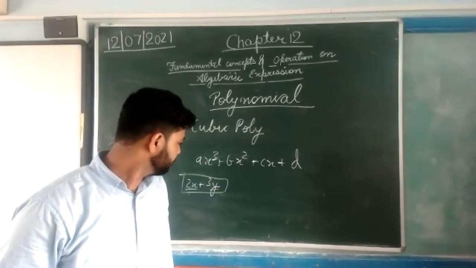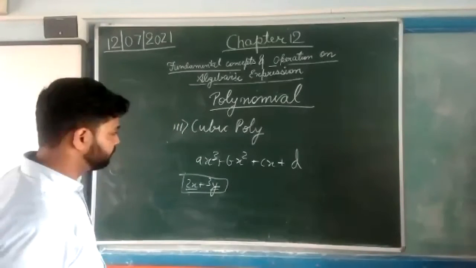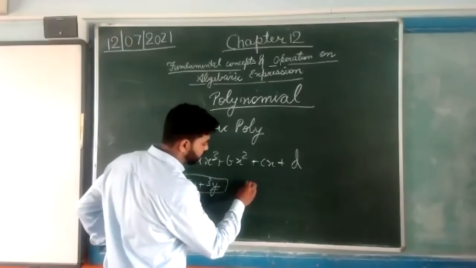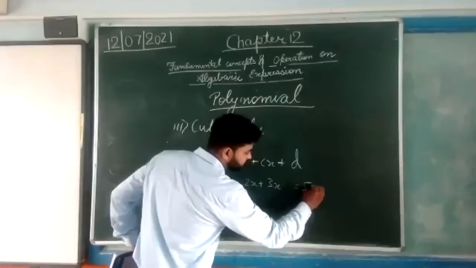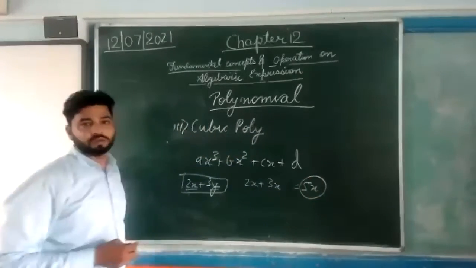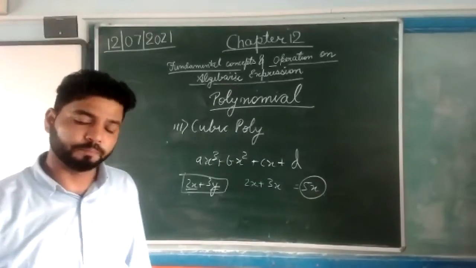But if we write 2x plus 3x, then we will say that it is having only one variable, that is x. 2x plus 3x will be 5x. So it is a linear one.